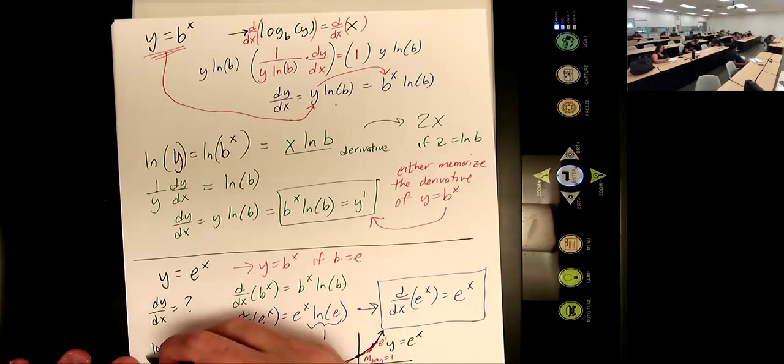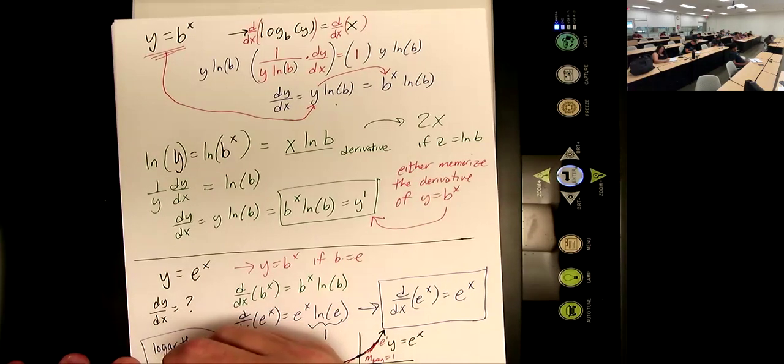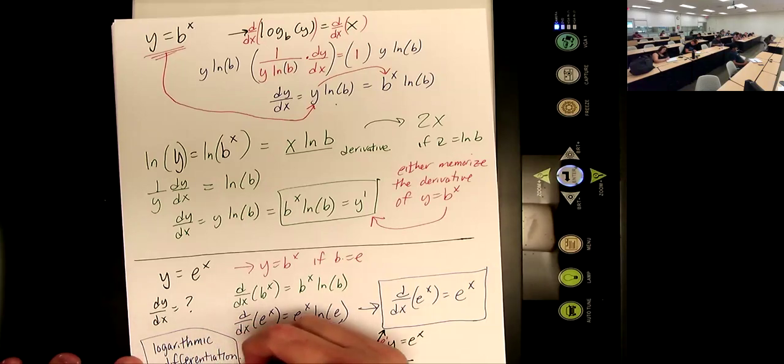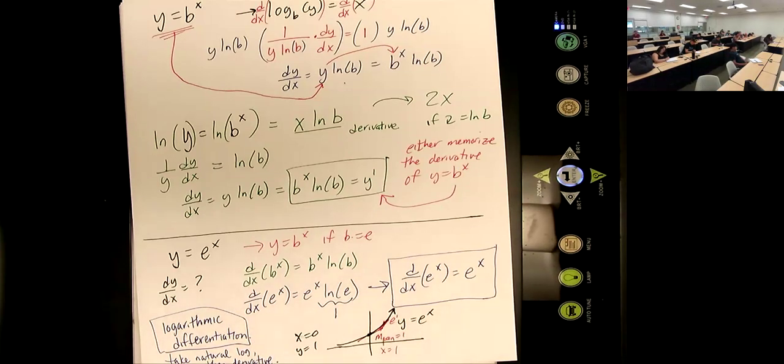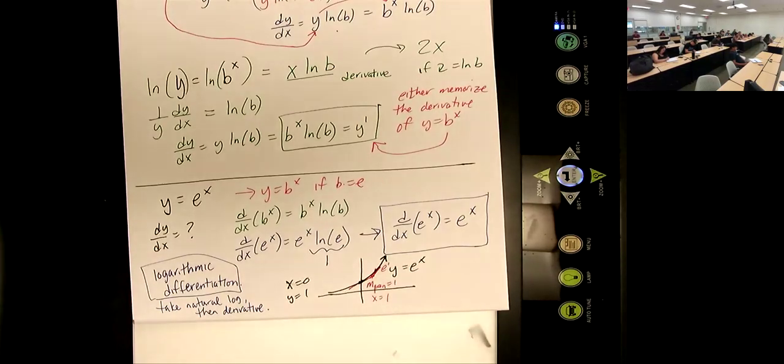So this approach right here is: take the natural log, then take the derivative. That's what we've been doing.